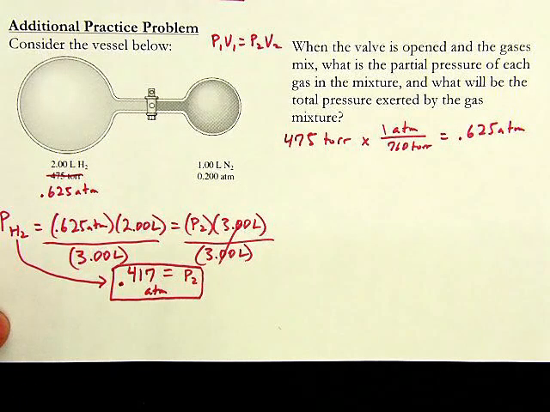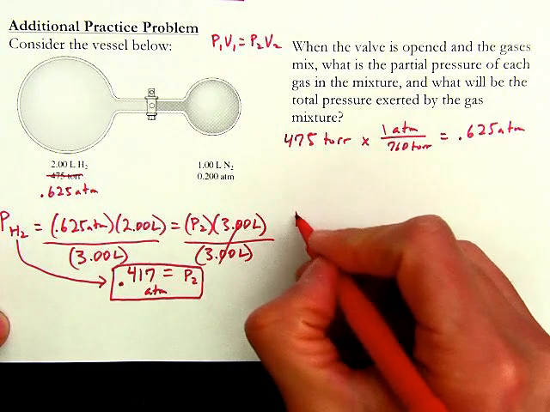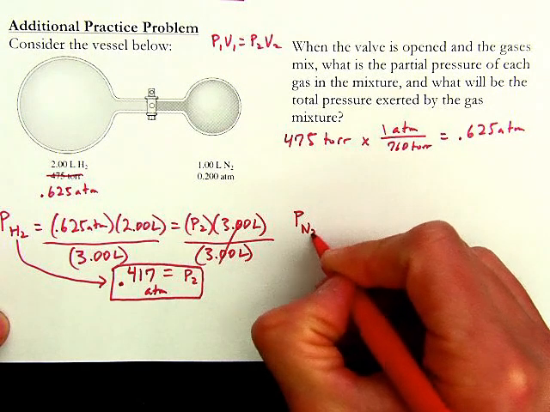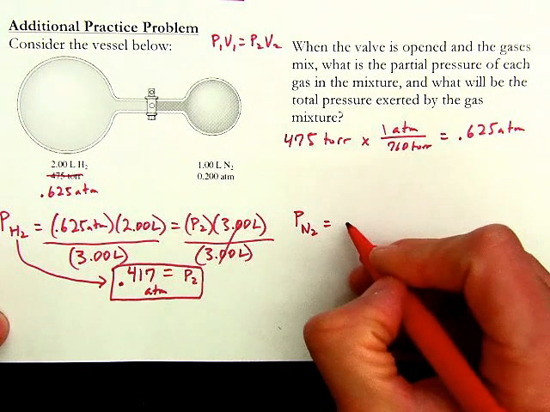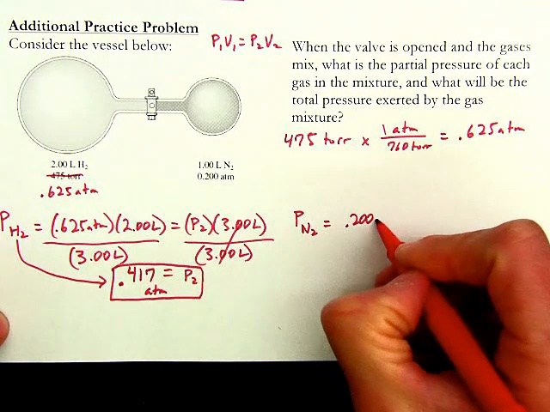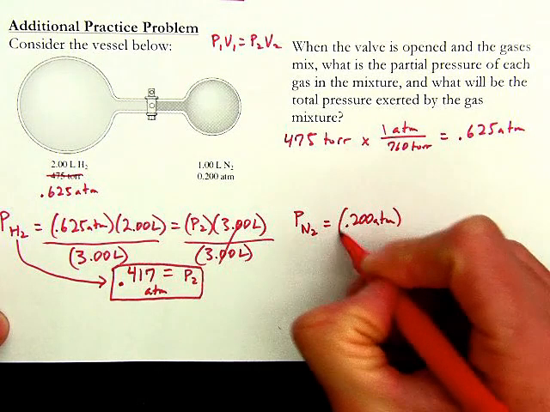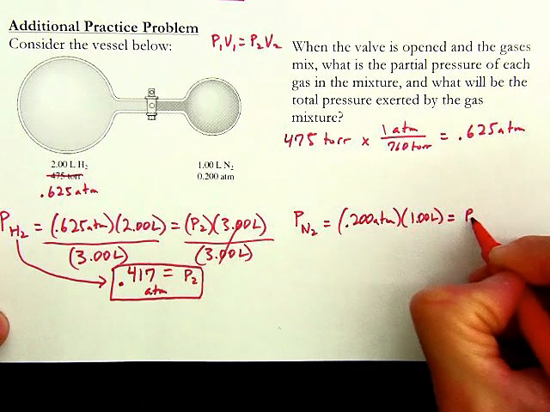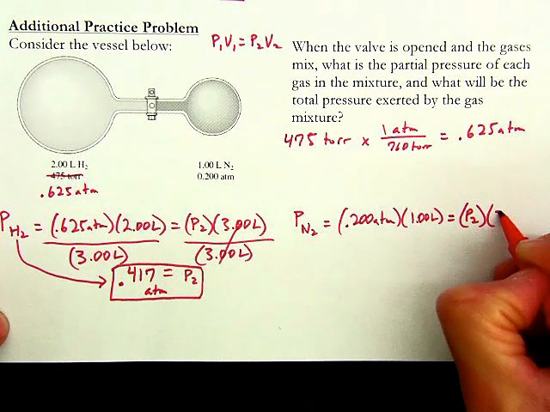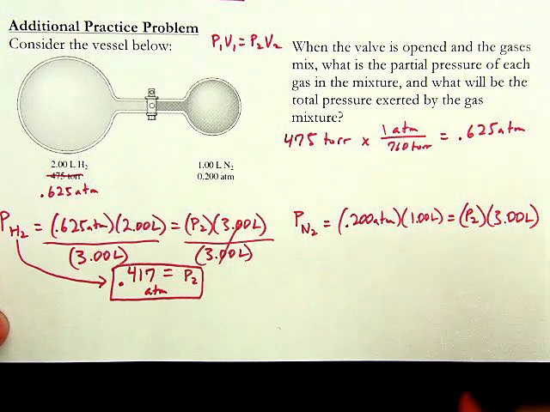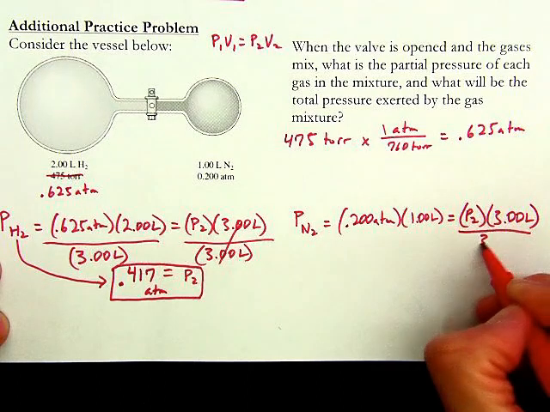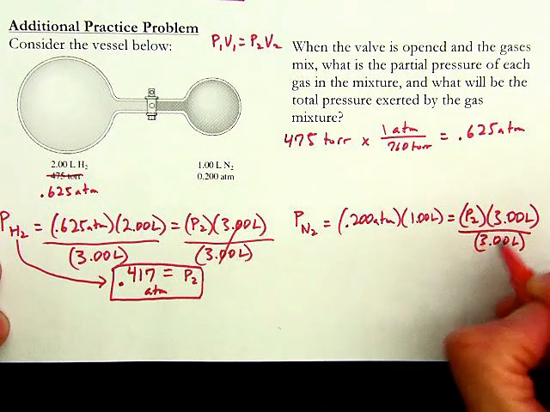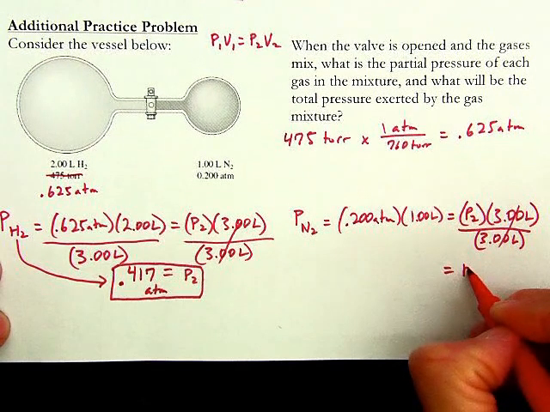Okay. Now I'm going to do the same thing over here for the pressure of nitrogen, which is going to be our starting pressure, 0.200 ATM, our starting volume, which is 1 liter. We're solving for P2, and the ending volume is 3 liters. So we divide by 3 liters, cancels to give us P2.